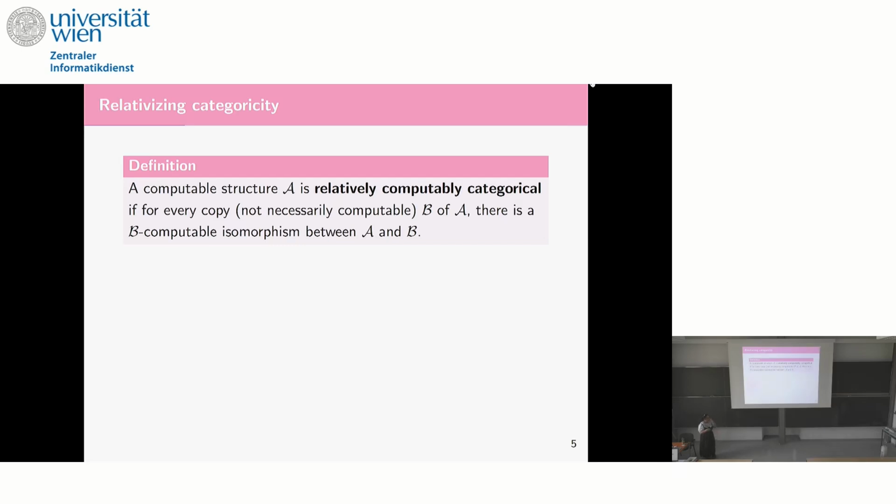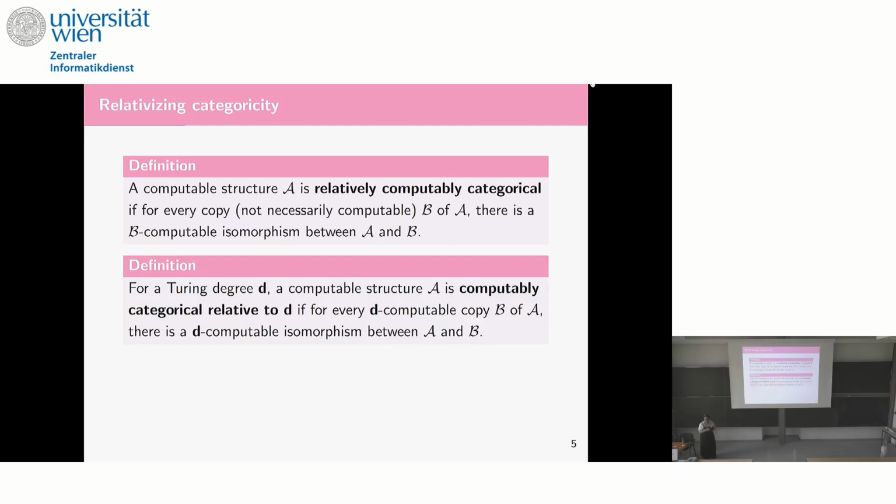Okay, so the relativization that I want to focus on for this talk is not this one, but is related. Here, I'm going to fix a Turing degree D, and I'm going to say A is computably categorical relative to D, and that's a mouthful, so I'm going to say CC relative to D moving forward.